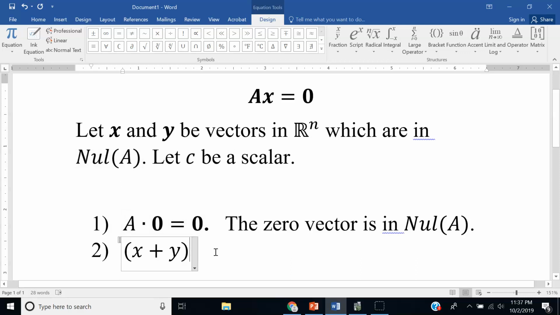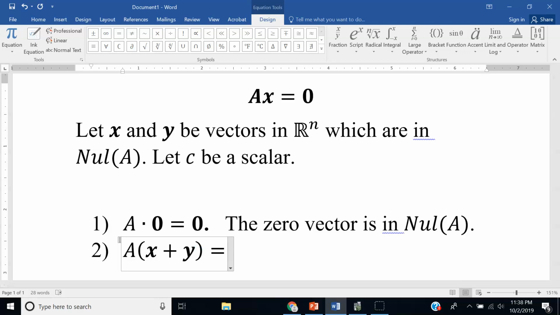We're going to look at this sum. Now, how do we show that this sum is in the null space? We simply multiply by our matrix A. That's matrix A times vector x plus y.